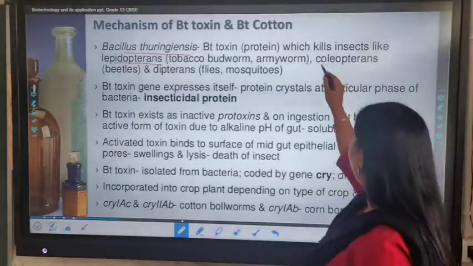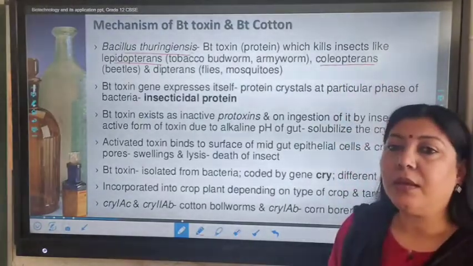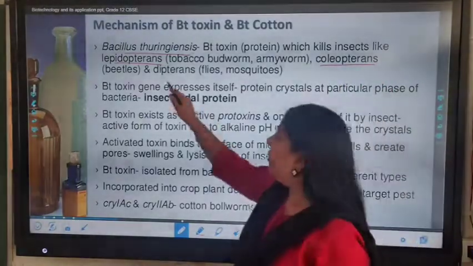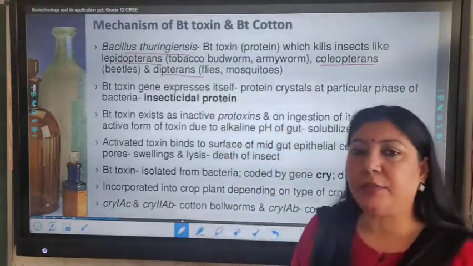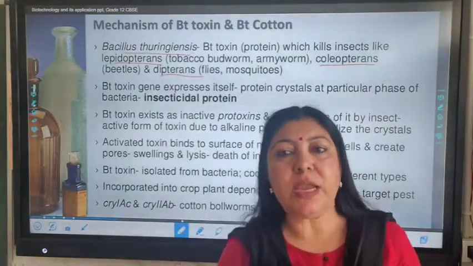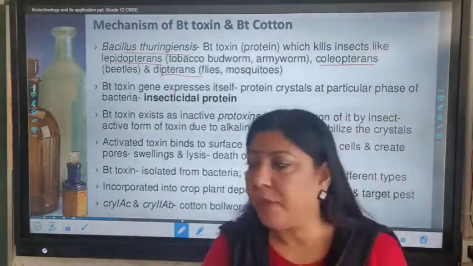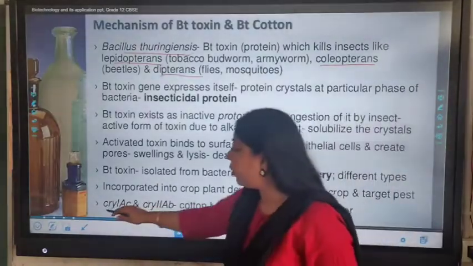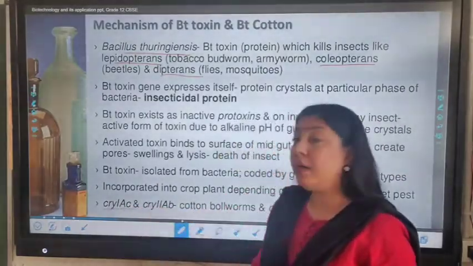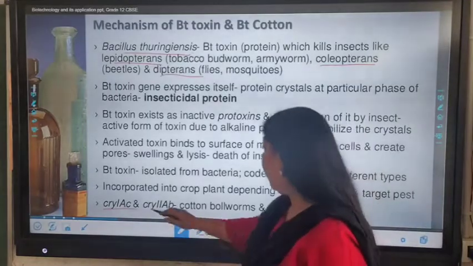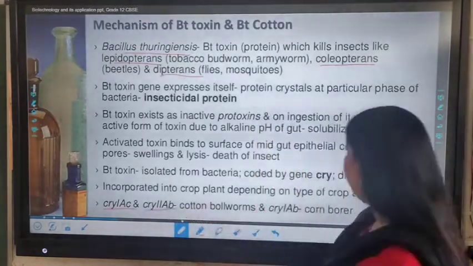The second category is coleopterans, which are beetles, and the third is dipterans, which are flies and mosquitoes. There are different strains of this bacterium having specific types of genes, which may be CRY1AC or CRY2AB.